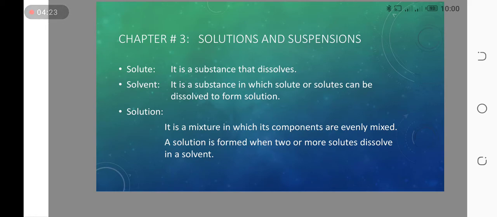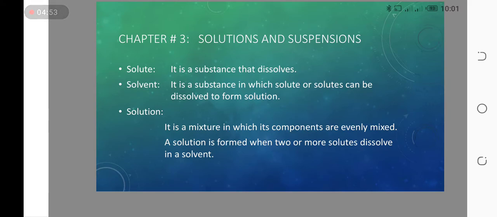In the example of water, sugar and salt, sugar and salt are considered solutes because they are dissolving in the water, and water is the solvent. In the same way, we can take another example of water and alcohol. Then water is the solvent while alcohol is the solute.